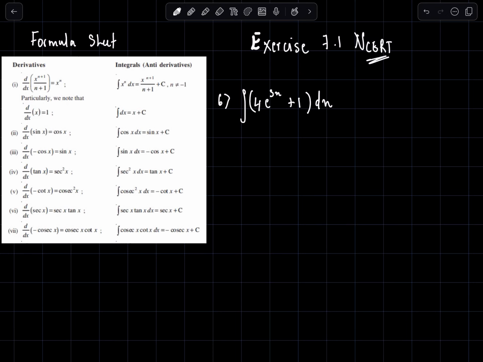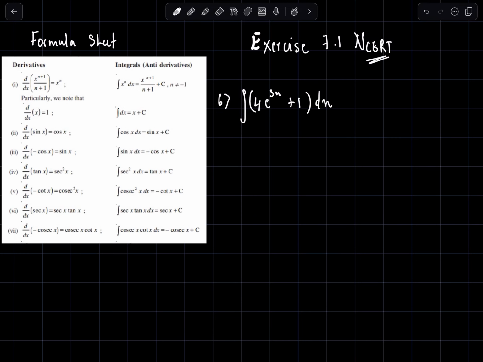Now, I think in the previous video I did mention how to solve for e to the power of 3x by the method of inspection. So I think we'll be using that method for e to the power 3x, because in the formula sheet you will be given e to the power x and not e to the power 3x. So I don't think I have it here, but I'll note it down.